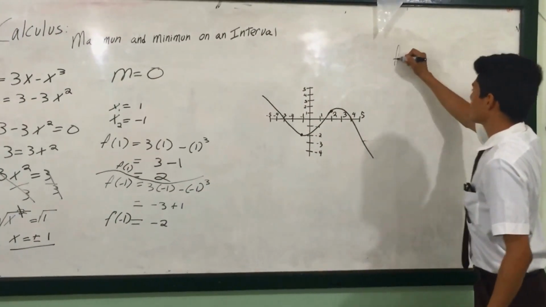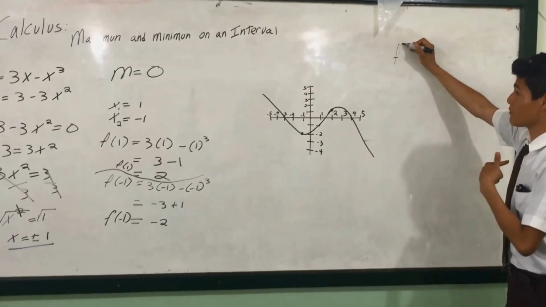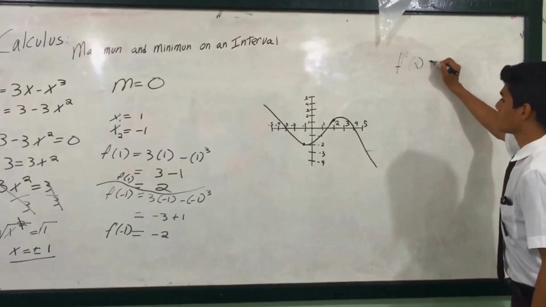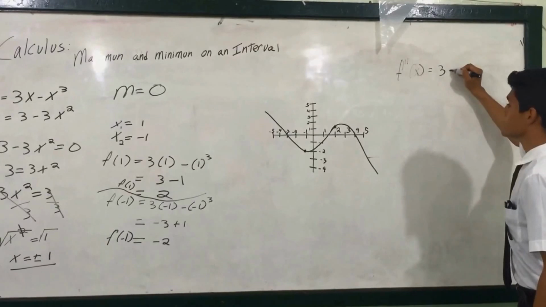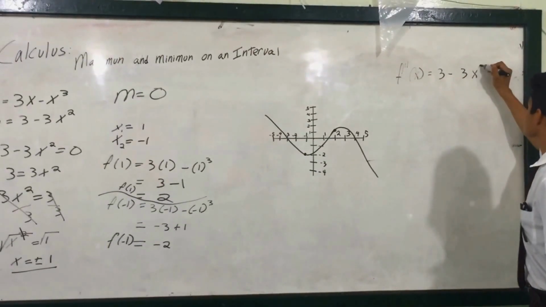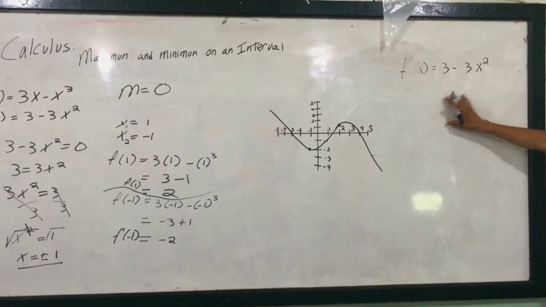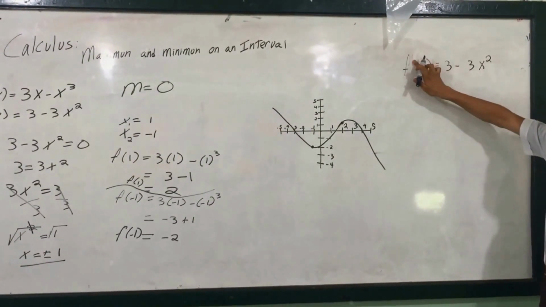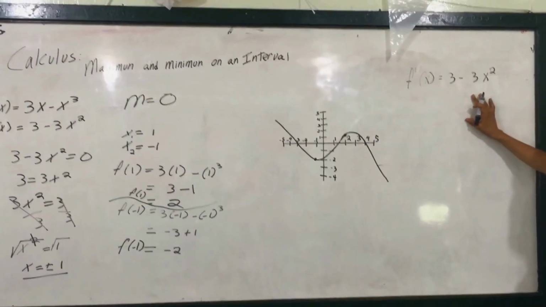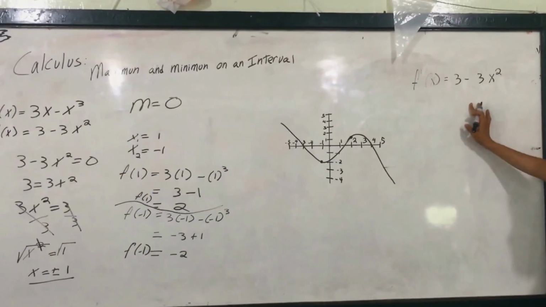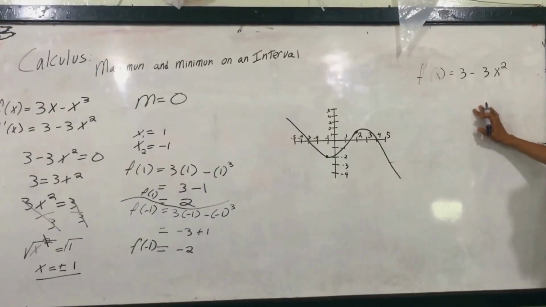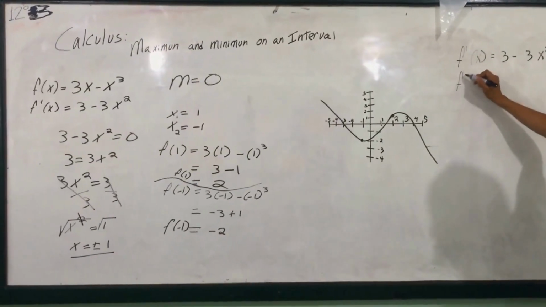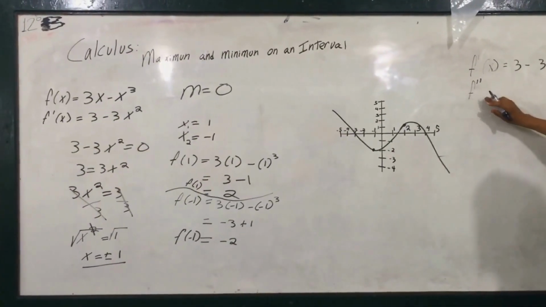The derivative of f: f prime of x is equal to 3 minus 3x squared. I haven't derived yet, so it's still f prime. It's the same problem, only that I'm going to do it again.